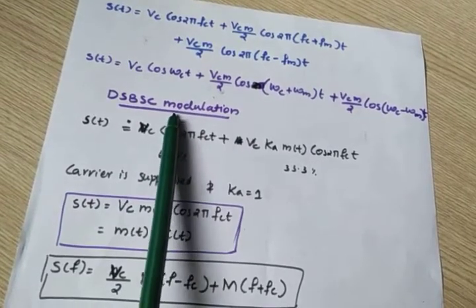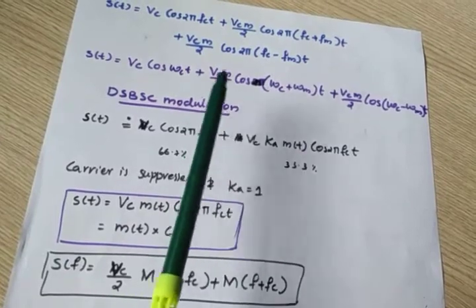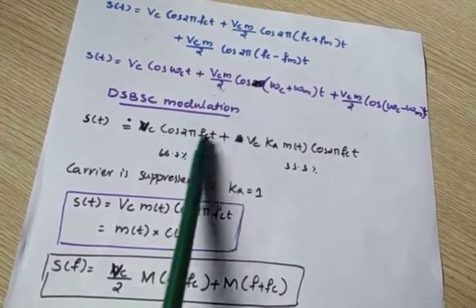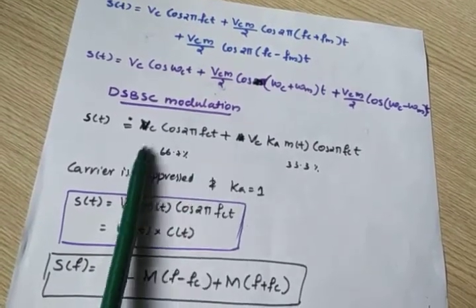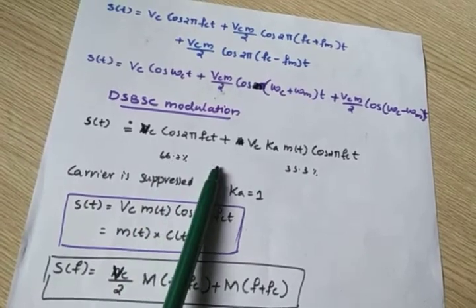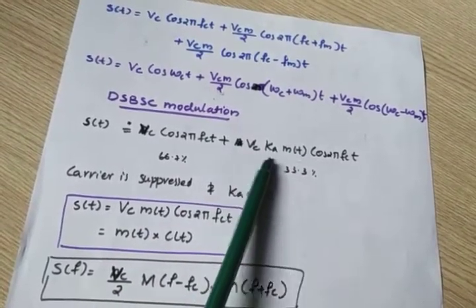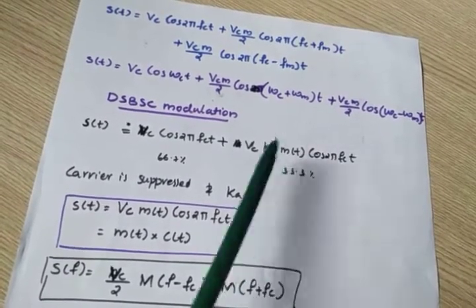This method is introduced in order to increase the efficiency. By suppressing the carrier we can eliminate the wastage of power in the carrier, and the effective power used for transmission lies in the sidebands, and in that way we can increase the efficiency.